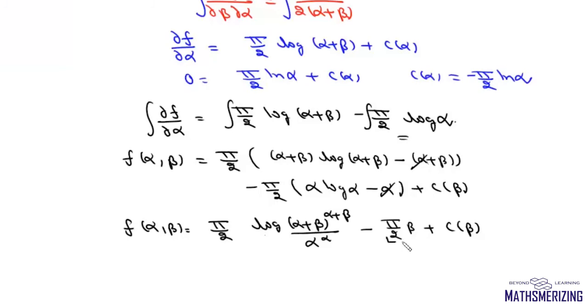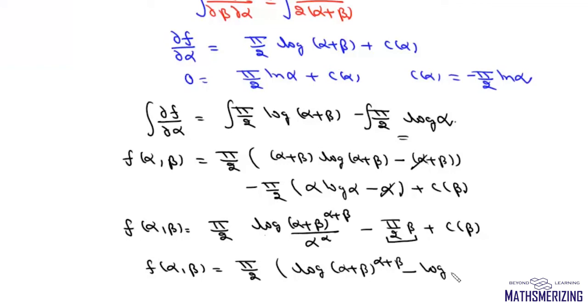Now this expression here is also a function of β. So we write f(α,β) as π/2 [log (α+β)^(α+β) - log α^α] plus some function of β, that is k(β). We have taken these two together.